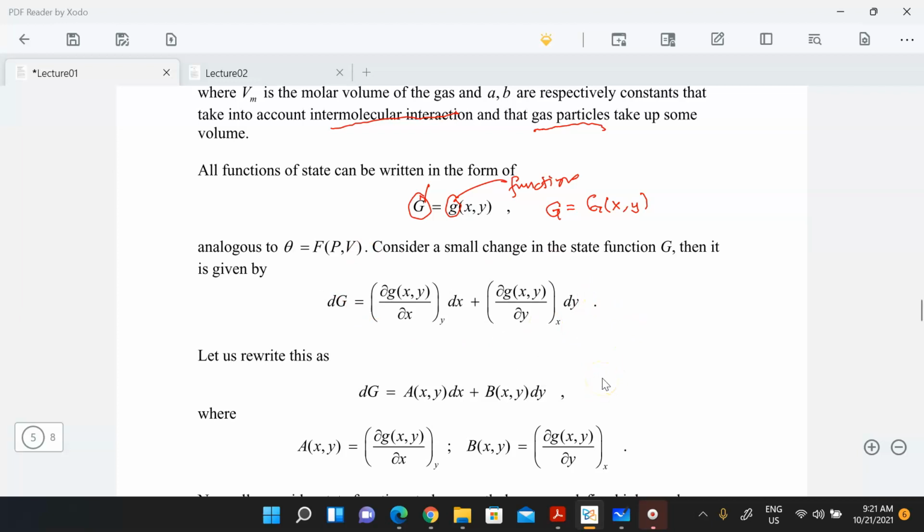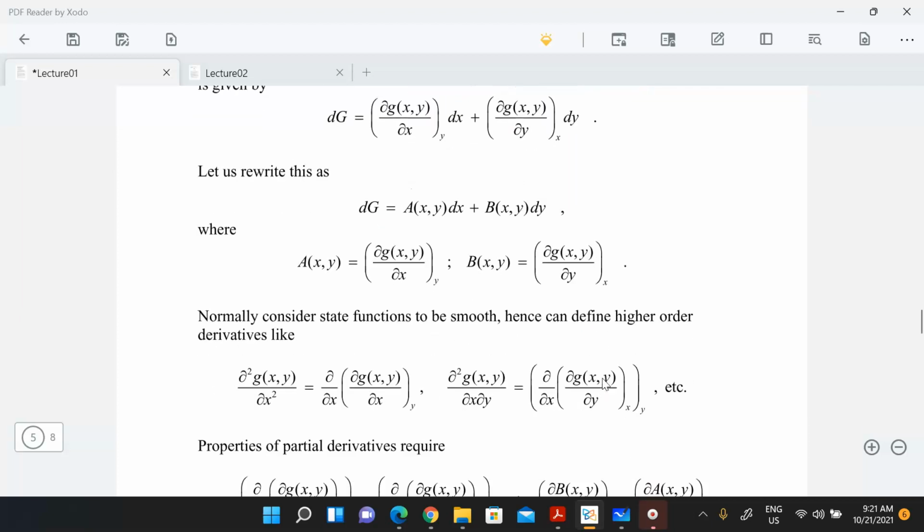But generally, what's given to you is something like this. You are given a function of x and y times dx and a function of x and y times dy.